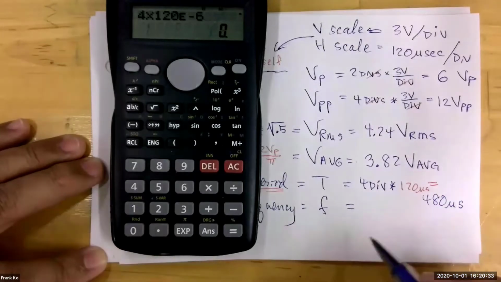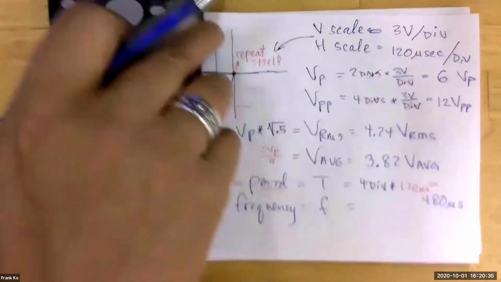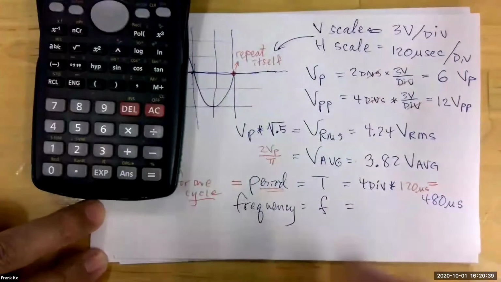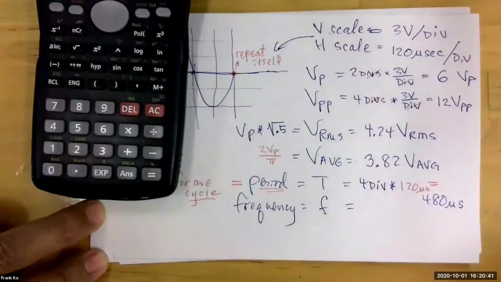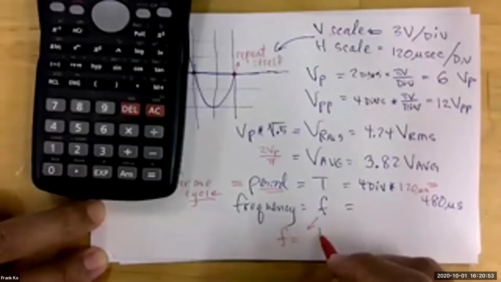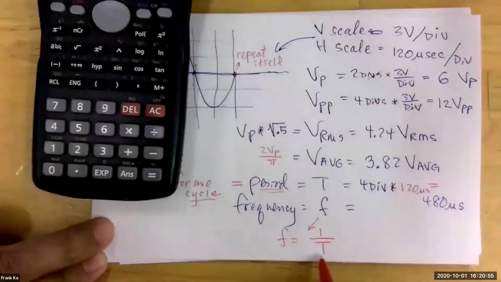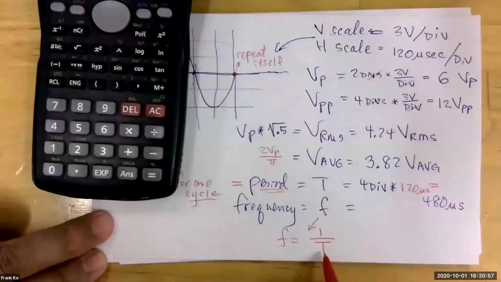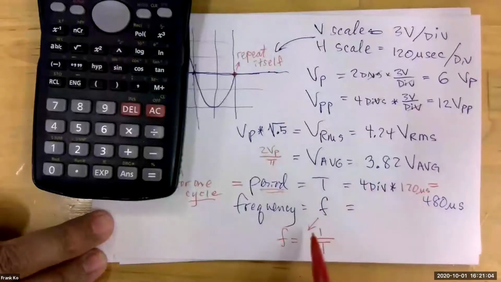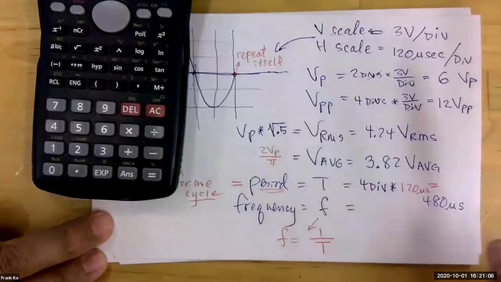Okay, now let's continue. The next thing that we're going to need to determine is the frequency. So how do I determine frequency? Question goes to Yusef. How do I determine frequency? Frequency is equal to the reciprocal of the time. Frequency is equal to the reciprocal of time, the reciprocal of period. So once I have period, if I reciprocate that number, the 480 microseconds, I should be able to get frequency.